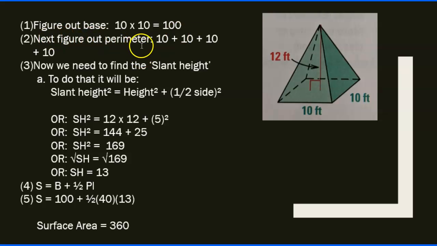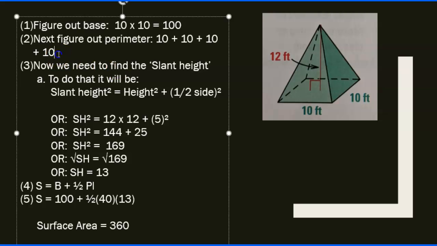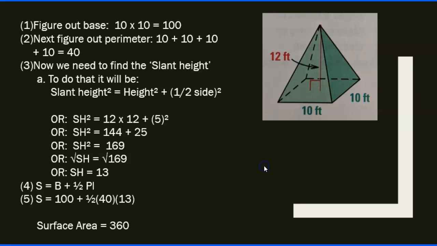Next we have to figure out the perimeter. It's going to be 10 plus 10 plus 10 plus 10. And that's going to be, I should have written it in here, 40. Alrighty. Now we need to find the slant height. That's kind of the slope of this wall. And in order to do that, it's going to be slant height squared equals height squared plus 1/2 a side squared. So I've taken it through all the steps.